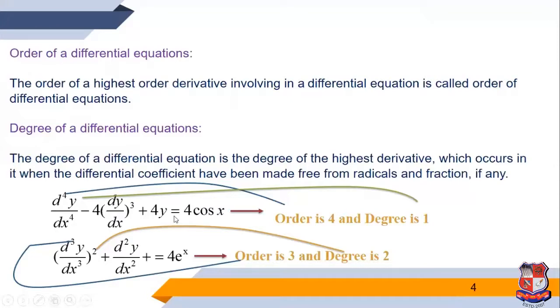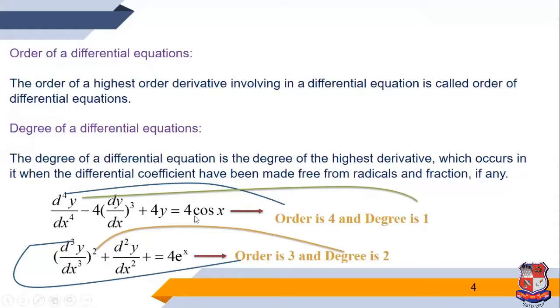Suppose this example is given: d^4y/dx^4 minus 4 (dy/dx)^3 plus 4y is equal to 4 cos x. This is an ordinary differential equation, and in this chapter we discuss only ODEs.